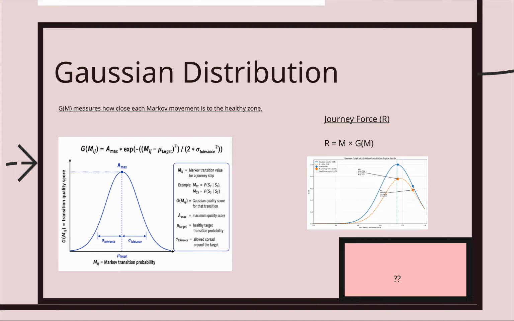So what Gaussian does, it checks whether these movements are close to the healthy movement zone. So GM is high when the movement is close to the healthy center, and GM is low when the movement is far from the healthy center. So here and here.